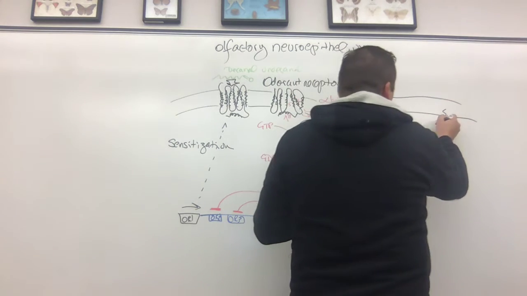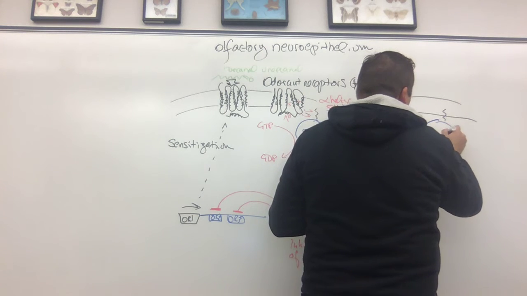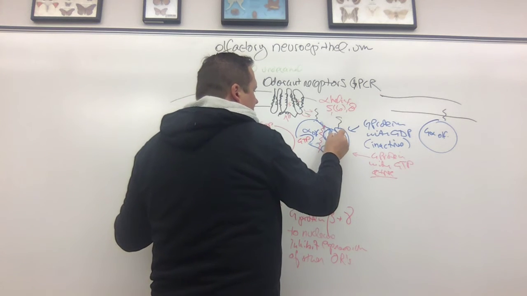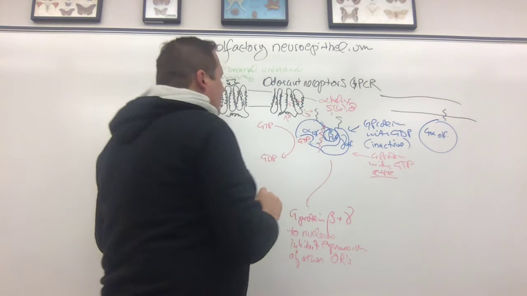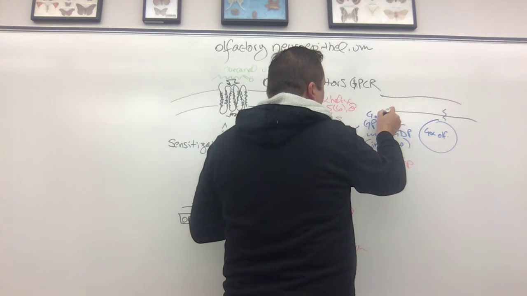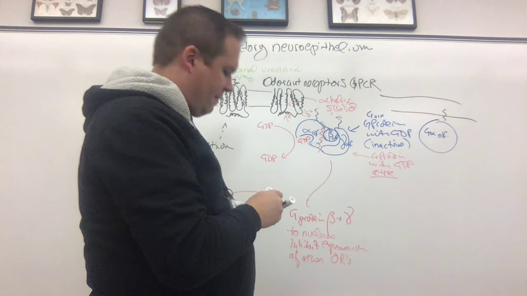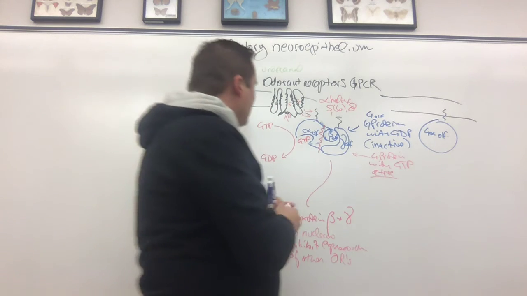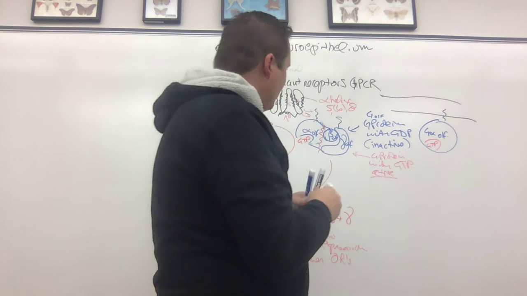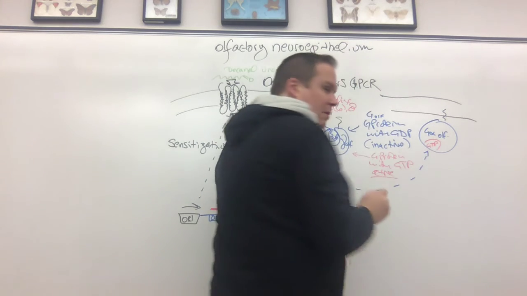Okay, and so here is our G alpha olfactory, and yes, we should put OLF by these guys, OLF, OLF, because it is an olfactory version. So it's actually a G-olf G protein. Okay, G alpha olfactory, and this one is still going to be holding on to GTP, so it is the active version. And so that's coming from over here. There we go. All right.